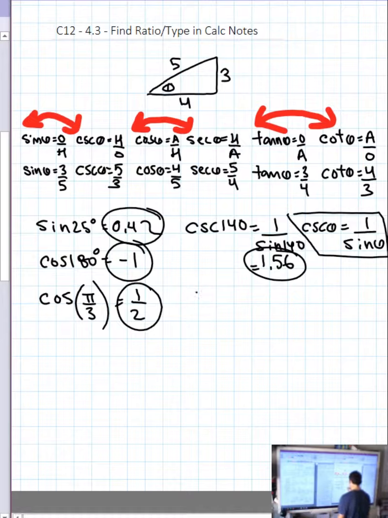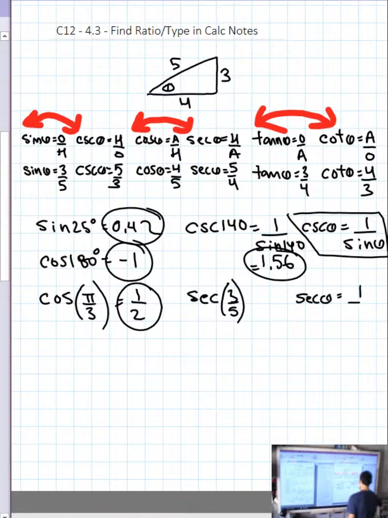Let's do another example. Secant of 3 over 5. Well, secant of 3 over 5, I know off to the right, secant theta is equal to 1 over cos theta. So it's simply just 1 over cosine of 3 over 5.